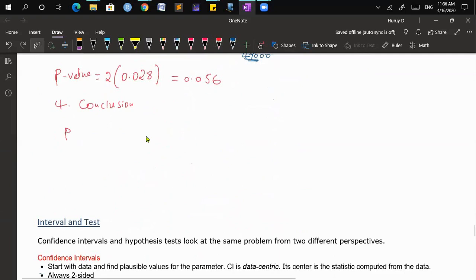So the p-value is less than 0.1, which is our alpha, and the p-value is right here. Now what do we say if this is the case? When the p-value is less than alpha, we reject the null hypothesis. What do you think if alpha was 0.05? If alpha was 0.05, yeah.